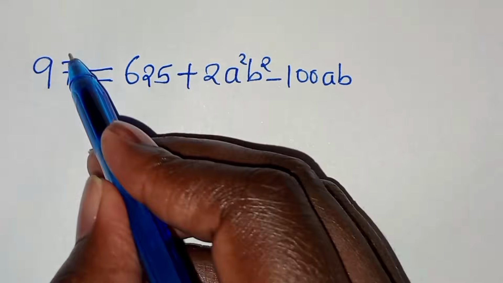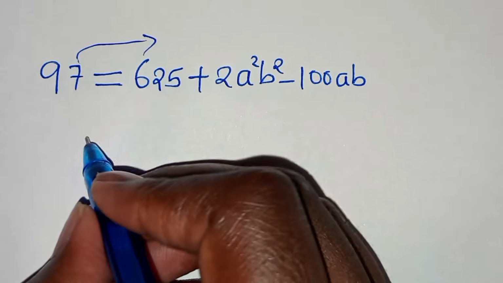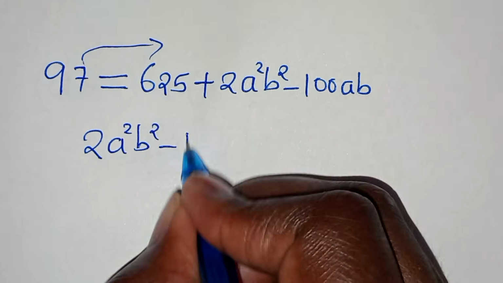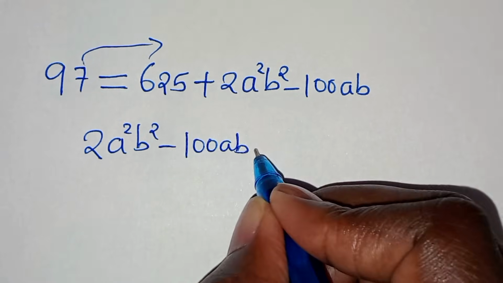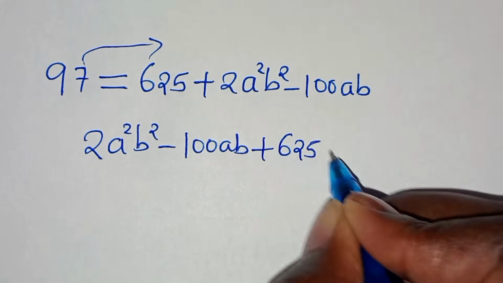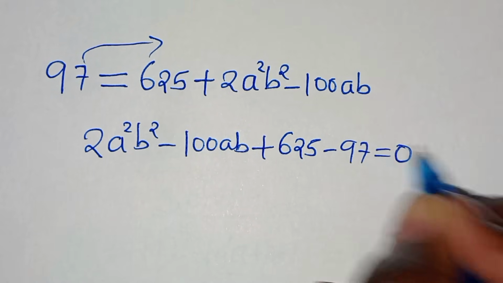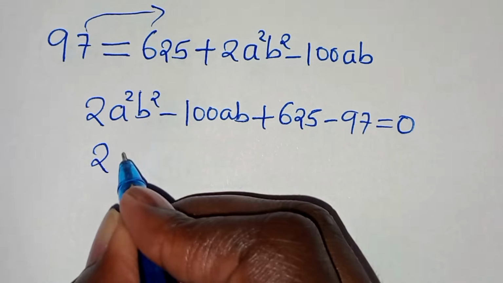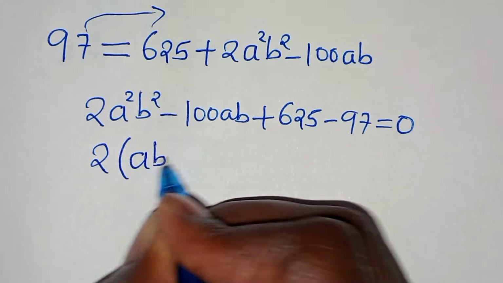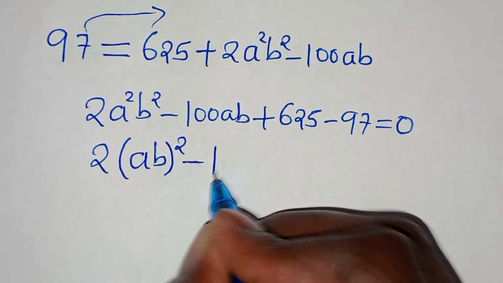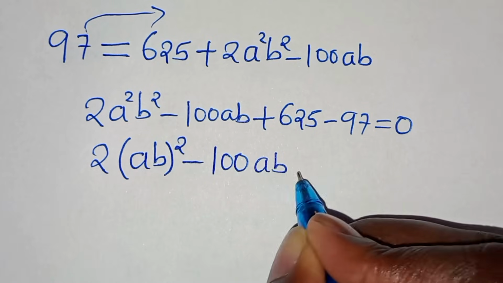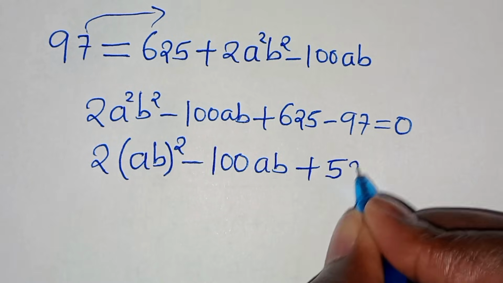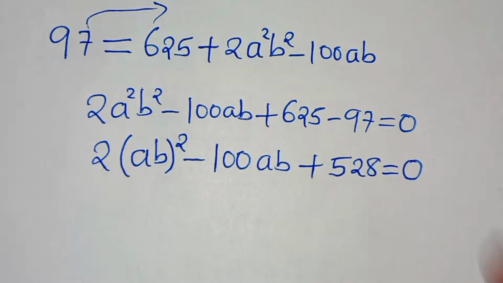Now the next step, let's take 97 to the right hand side so that we have 2a squared b squared minus 100ab, then plus 625 minus 97, which is 528, equal to 0.